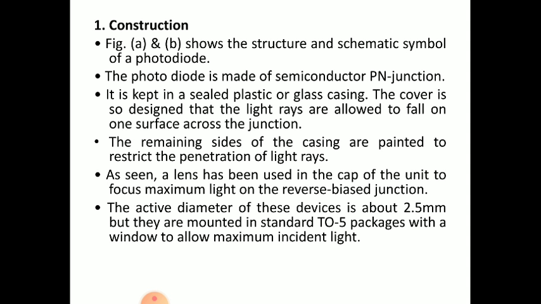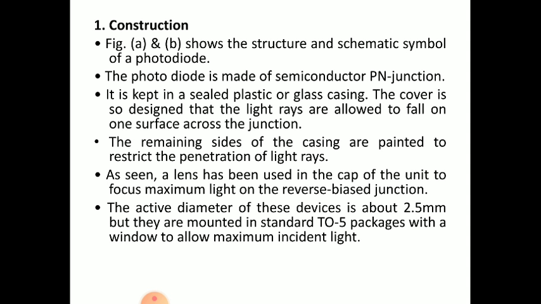As seen, a lens has been used in the cap of the unit to focus maximum light on the reverse bias junction. The active diameter of these devices is about 2.5 mm, but they are mounted in standard TO5 packages with a window to allow maximum incident light. So these are the technical specifications, so you have an idea of the diameter.